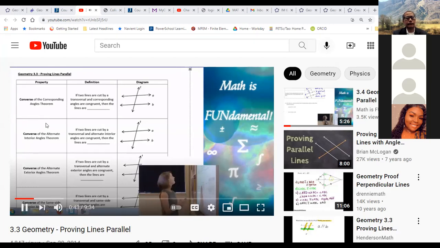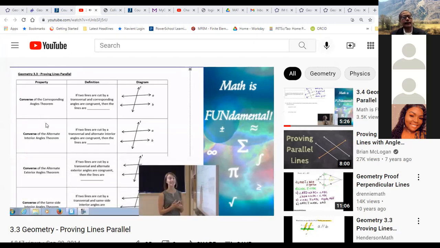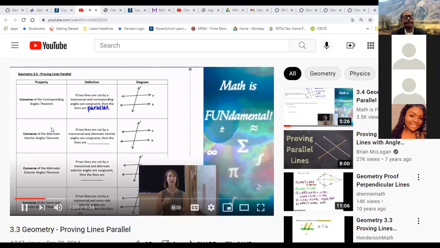Starting off, the converse of the corresponding angles theorem states that if two lines are cut by a transversal and corresponding angles are congruent, so you have to be given that piece of information, then we can conclude that the lines are parallel. A little bit different this time. In the corresponding angles theorem, we were given the lines were parallel and proving that corresponding angles are congruent.